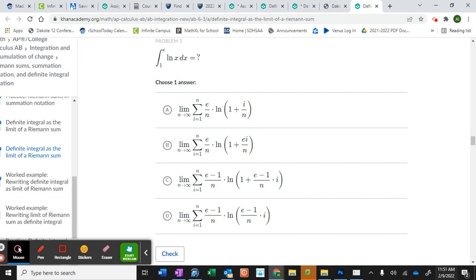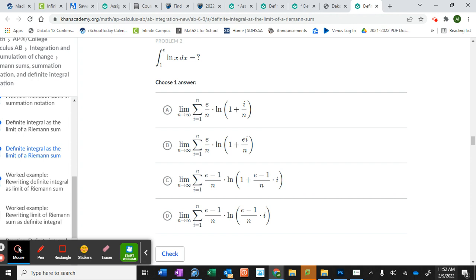All right. So this one goes from 1 to e. What's our top number? E. Bottom number, 1. So it's e minus 1 over n. That's the width. And then x sub I is the bottom number, 1, plus the change in x, e minus 1 over n, times I. Now, we'll just leave it like that.